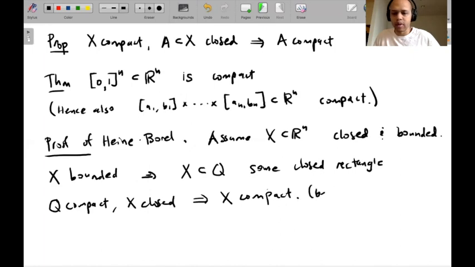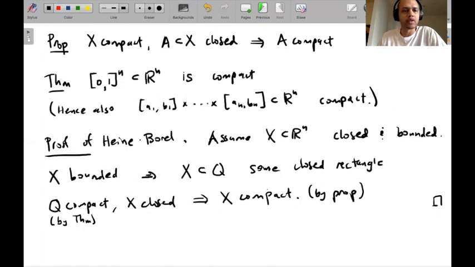So by the proposition, we just say that here. And here, the theorem is being used, Q compact. Okay, and that's what we wanted. So once we know these two results, Heine-Borel just sort of falls in our lap. So that leaves us with the task of understanding why these two results are true.